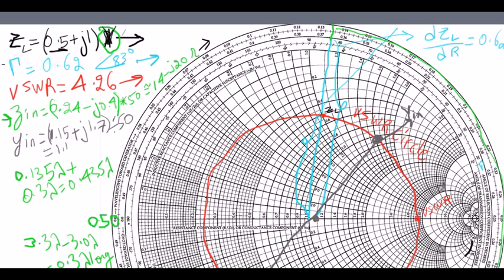It's as simple as that division, and it will be approximately 0.023 plus j0.034, and this will be the value for your admittance.